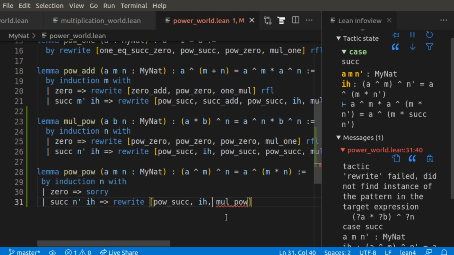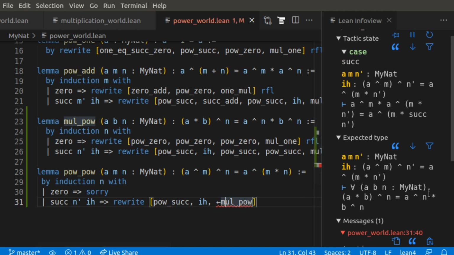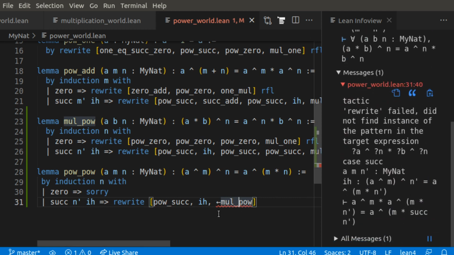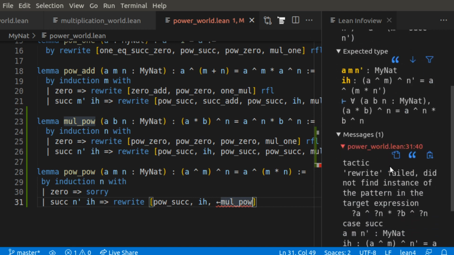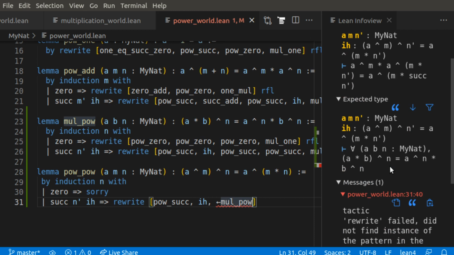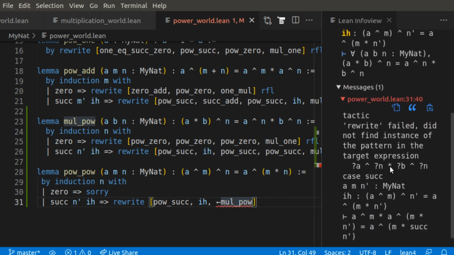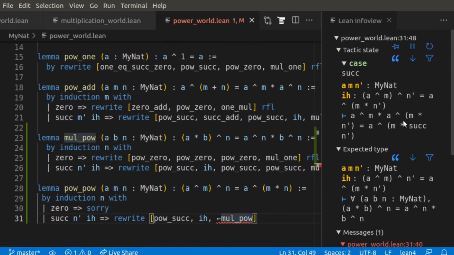Do we have A times N? No, I think we want the reverse one. Okay, this one rewrite also failed. Why? So we want A to the power of N times b to the power of n. Well, that's what we have here. A to the power of something times b to the power of something. Oh, they need to be the same thing. So we need the thing that's being exponentiated to be the same thing.